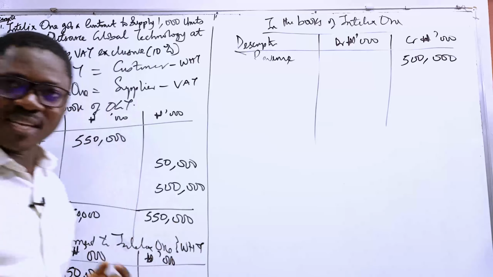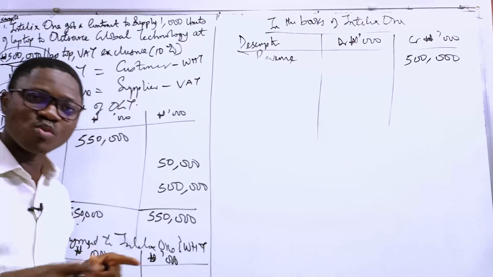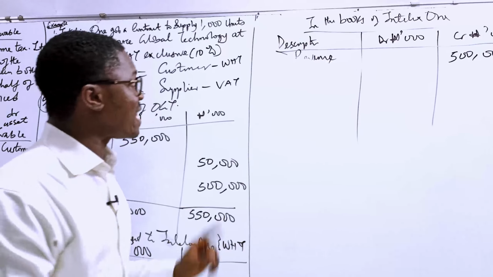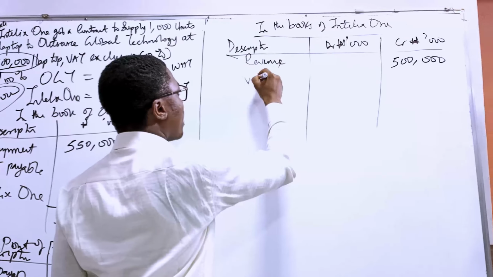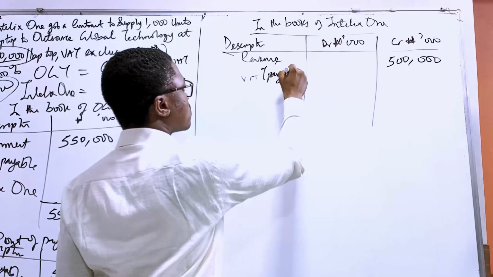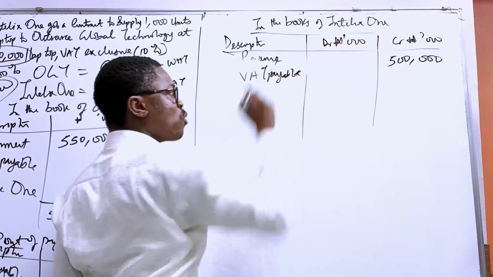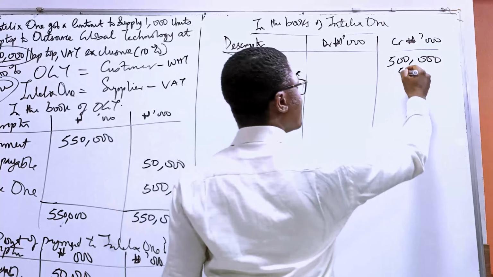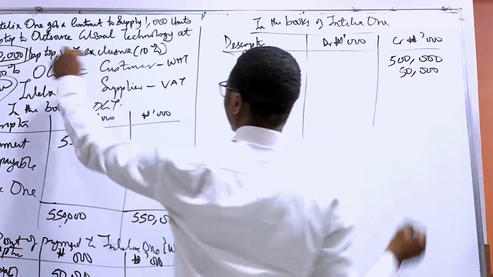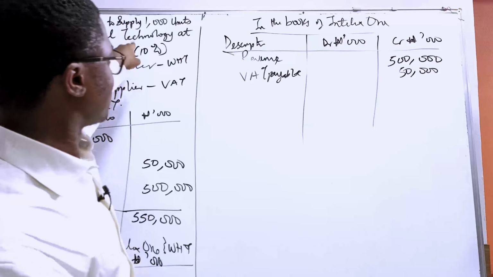Again, because Intellix One is the agent of the government to charge VAT, that now means that the VAT payable account of Intellix One will be credited with 50 million naira, because we have the assumption that the VAT is 10%.